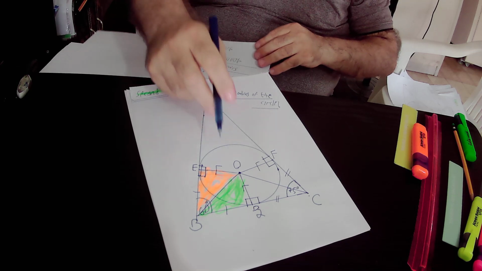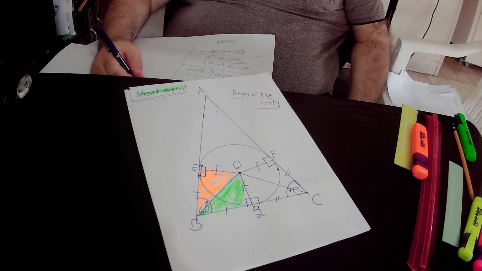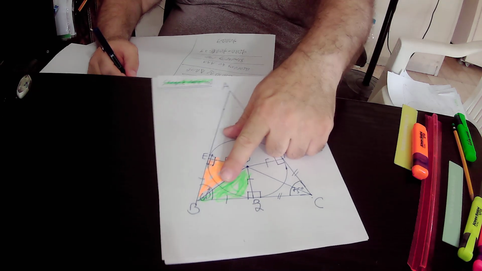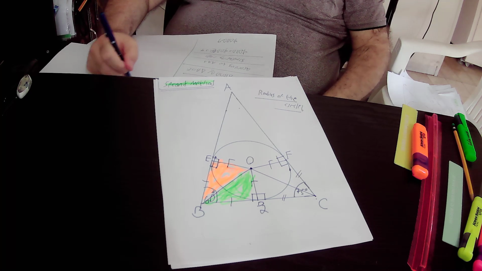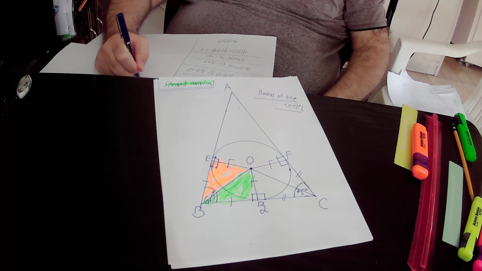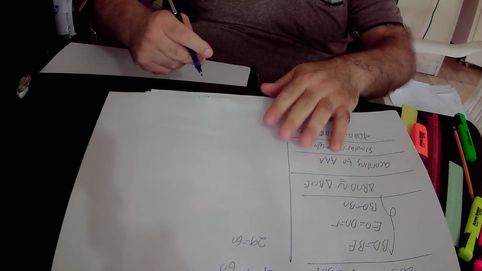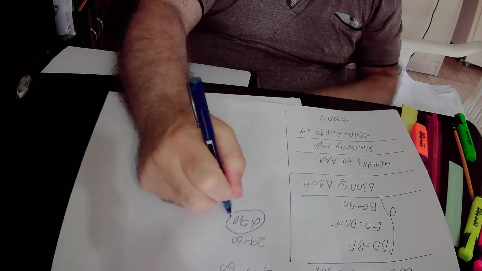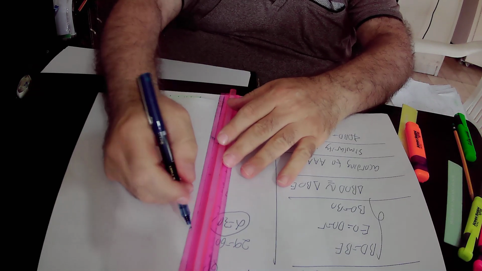So both those two angles are equal to alpha, therefore we can write down that alpha plus alpha equals 60 degrees, according to what is given in the question. Alpha plus alpha is 2 alpha equals 60 degrees. We divide this equation by 2 and we get that angle alpha equals 30 degrees. Okay, so here I found out that angle alpha equals 30 degrees.